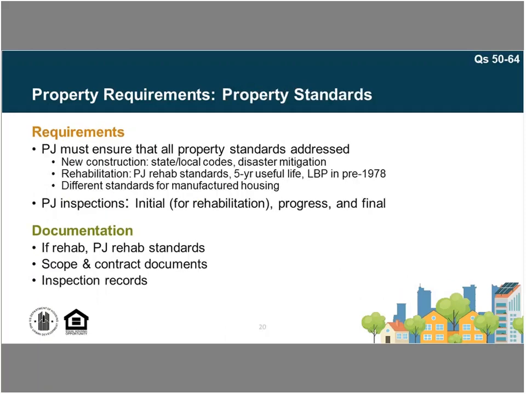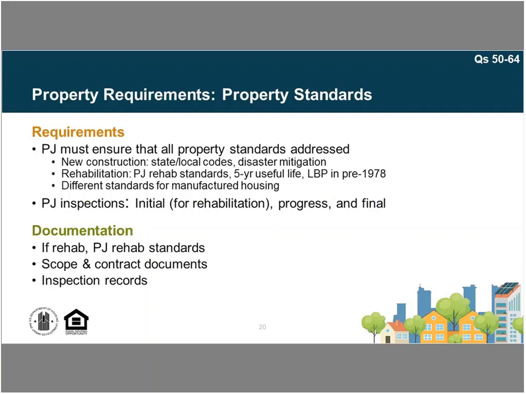The second requirement that I need to talk about is property standards, but we're not going to talk about them a lot today because there's a lot of detail and it depends upon the type of activity that's being done. I'll draw your attention to one of the links up above.